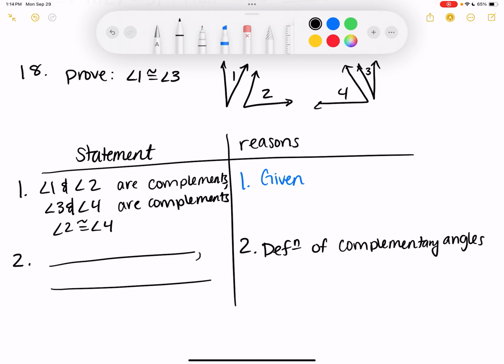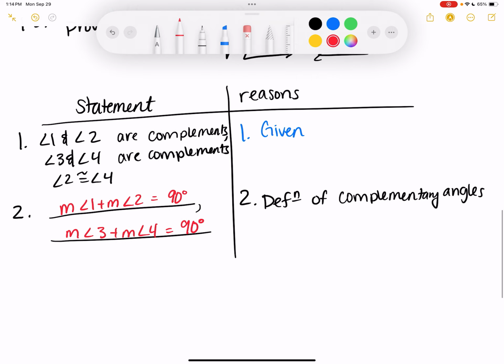Yep, so I'm going to say the measure of angle 1 plus the measure of angle 2 is equal to 90 degrees, and then the measure of angle 3 plus the measure of angle 4 is equal to 90 degrees. So again, if you were doing this on your own, this could be one step or it could be 2 separate steps. They did it all as one.